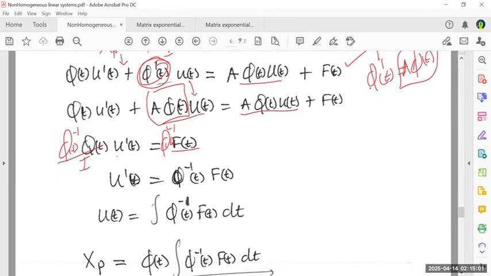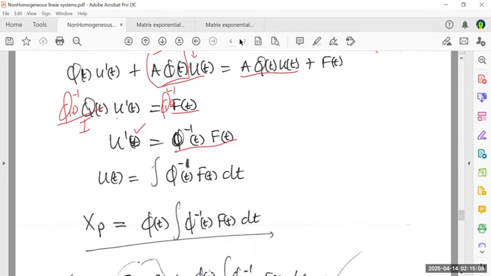This becomes I and remains with u prime of t equal to this expression here. We will then find u of t by integrating the right-hand side. We are integrating vectors and matrices term by term, so your integration skills are called to use here.